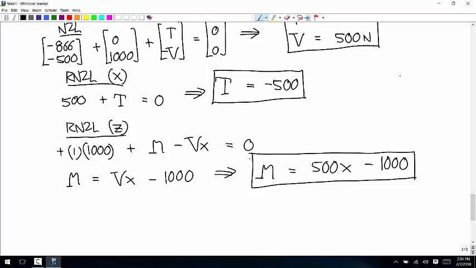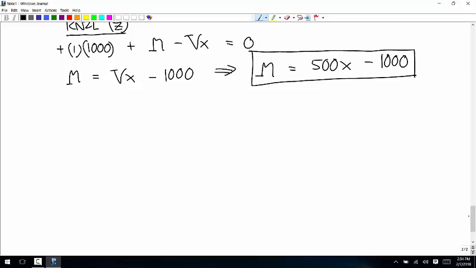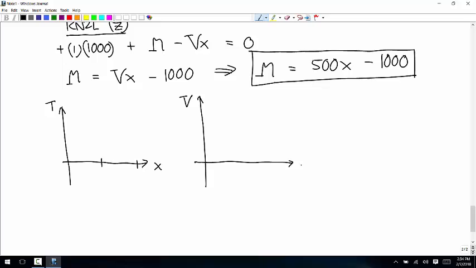Okay, so to get a picture of what's happening, let's plot all of these functions versus x. So here's the tension versus x. There's 1 meter, 2 meters. Here's the shear force versus x.